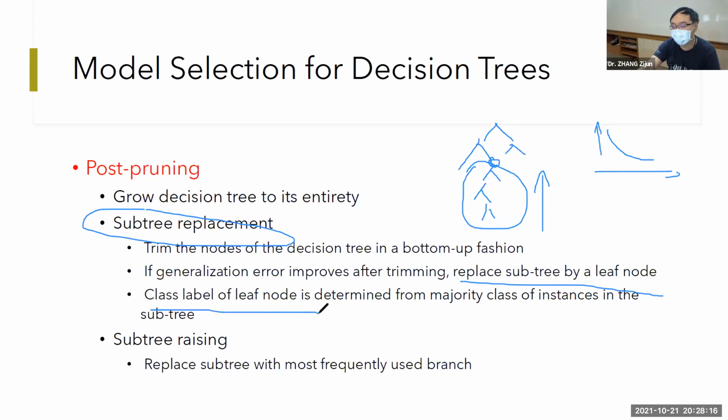The class label of the leaf node is determined from the majority class of instances in the subtree. So you aggregate all the instances contained in the nodes of the subtree together into one node, then you do the decision making based on all the instances here after replacing the subtree with a leaf node.